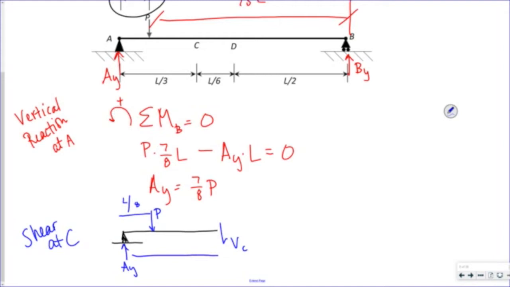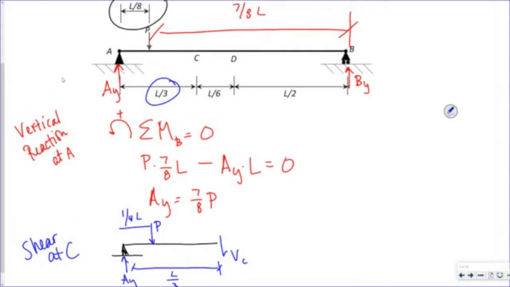This is still L over 3. The distance from A to point C is L over 3. And it looks like a 4. 1/8 L. Right.